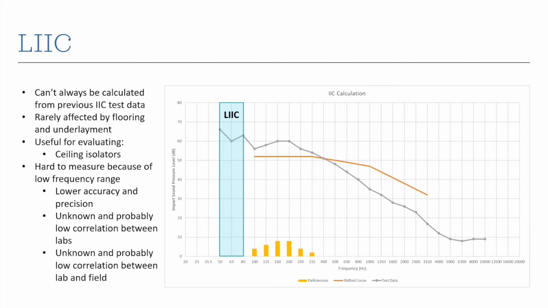If you see a significant difference in the LIIC rating, that's probably indicative of what's happening at low frequencies, and you can expect some kind of similar change in the field. But your absolute values might be different, but the relative change is going to be there, right?